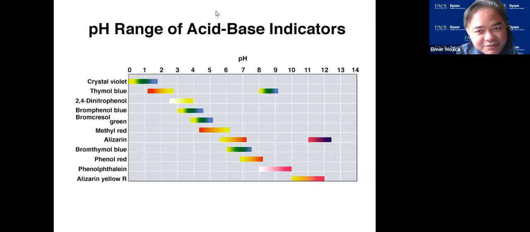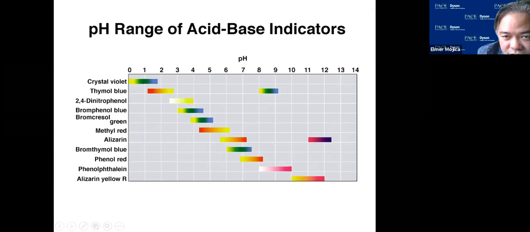So let's have a 5-minute break, okay? Okay, there's a question. Okay. So 5-minute break before we continue redox titration.